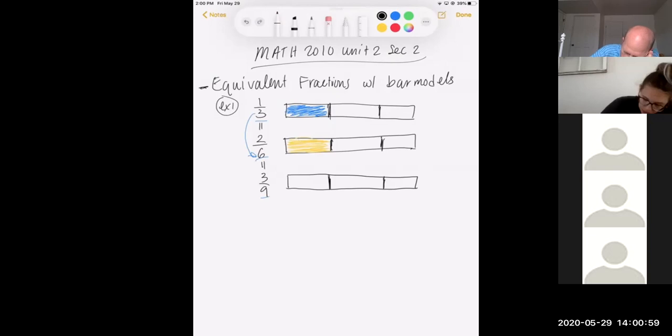Every part from 6ths and 3rds, when you compare them, they have twice as many. So I'm going to take each one and divide it into 2 parts. And I usually indicate this with dashed or dotted lines, so you can kind of see the relationship. When you go from 3rds to 6ths, you have twice as many pieces in each partition.